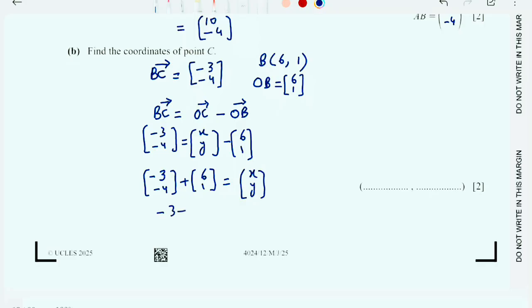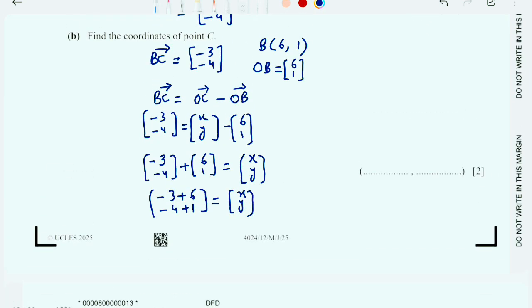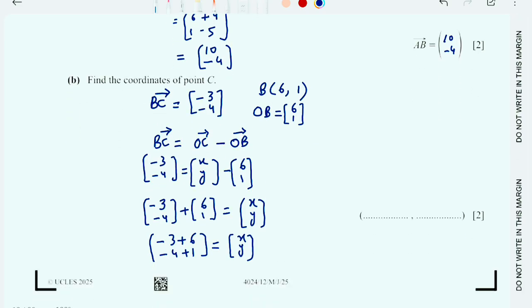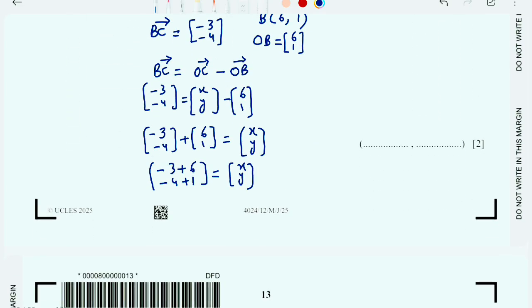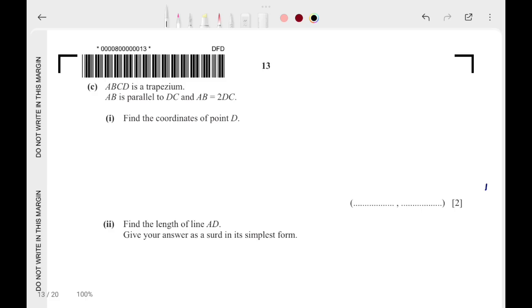So minus 3 plus 6, minus 4 plus 1 is equal to (x, y). Now the coordinates would be (x, y) is equal to (3, -3), and we have to write in coordinate form, so it will be (3, -3).